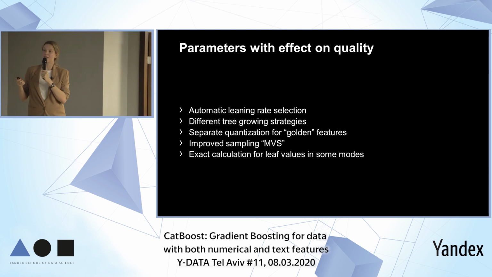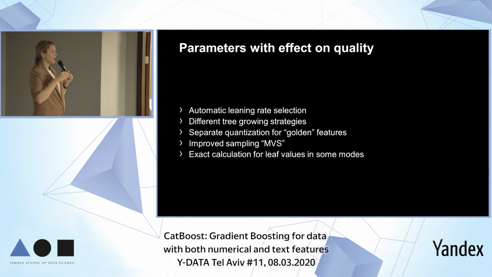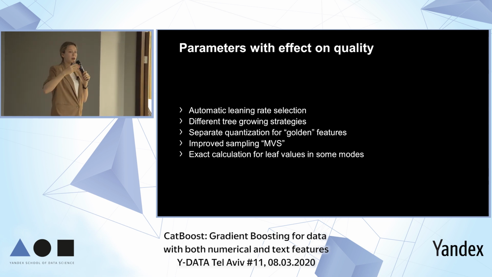Next, we have implemented, in recent time, a list of things that you can try to improve the quality of your training. One thing is automatic learning rate selection. We had this for binary classification before, but now we have added automatic learning rate selection for multi-classification and for regression.